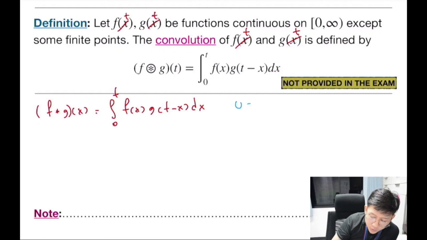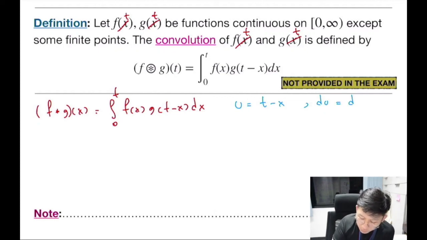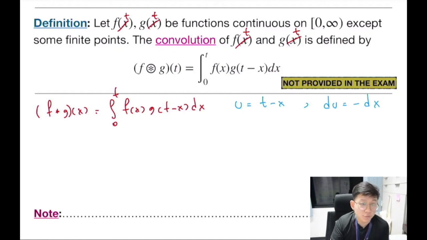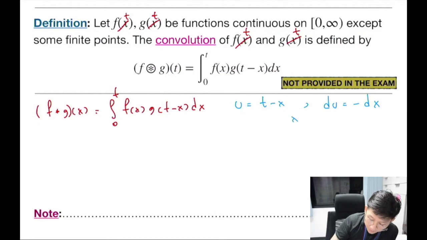If I let u be t minus x, so du would be minus dx. Don't forget, guys, t now is a constant, and x is a variable. So x is actually t minus u.